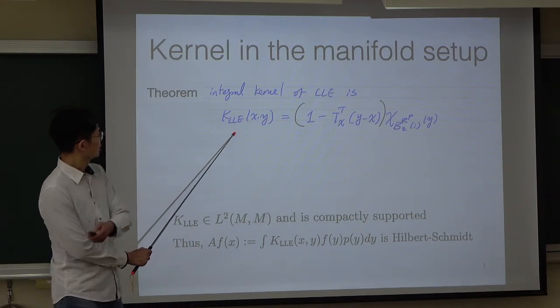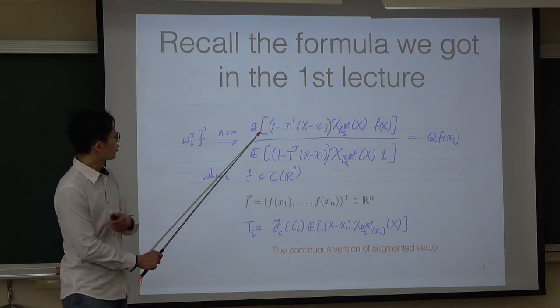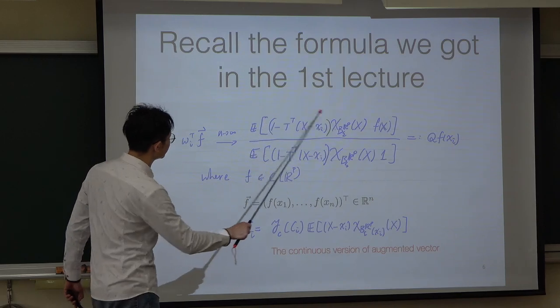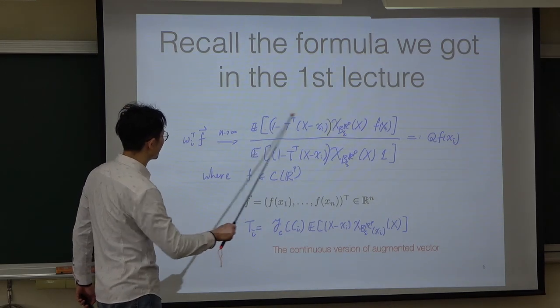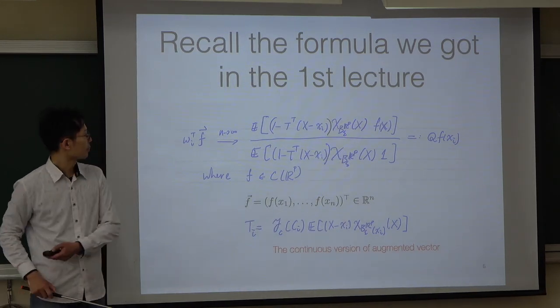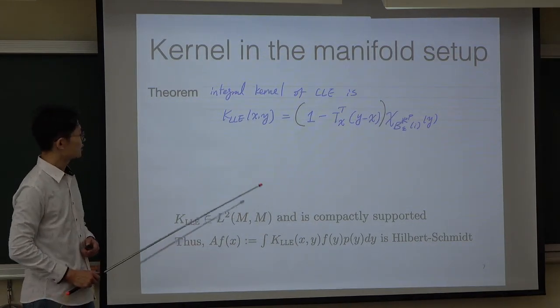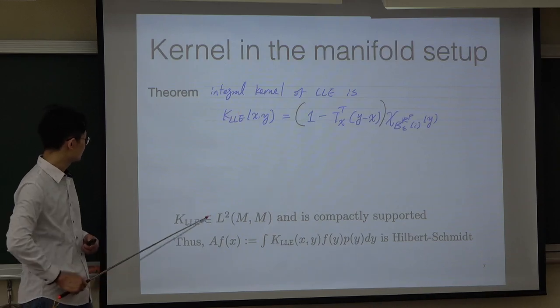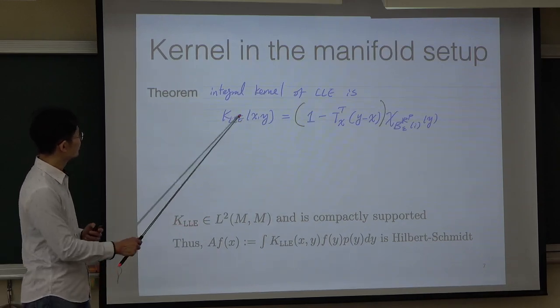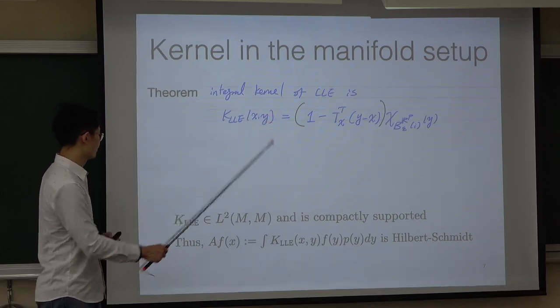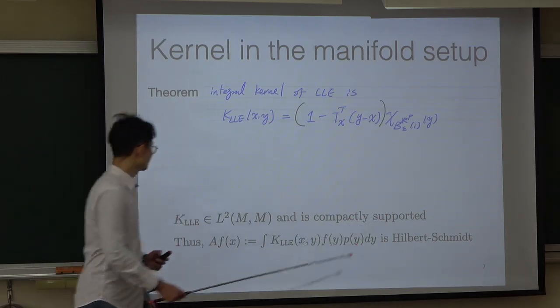If we come back to here, what we do is collect this quantity and view it as a kernel. You can check very quickly that this K_LLE function is an L2 function defined on M times M, and is compactly supported.